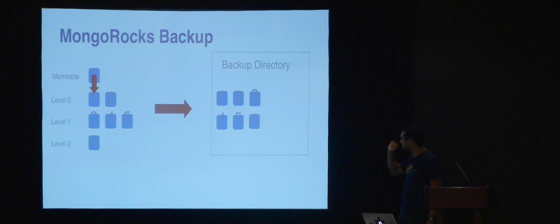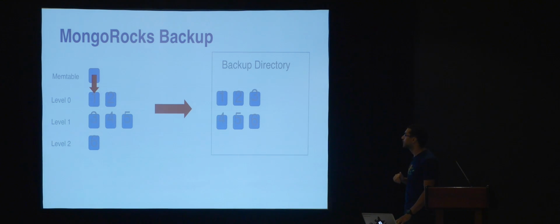And that's it. It's fast and simple. If you're doing this on the same file system, then we just hard link these files to the backup directory, and then you can copy them to another machine or another file system. And that's it. Now you have your backup.